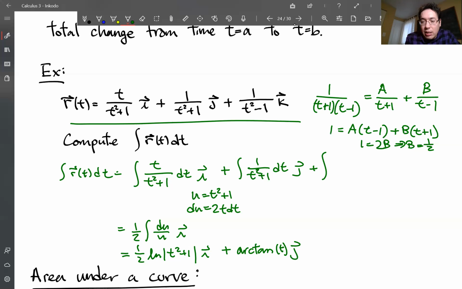And I could get something similar. If we plug in t equals minus 1, then this term drops out because we get minus 1 plus 1, which is 0. And then here I have 1 is equal to negative 2a, which means a is equal to negative 1/2. So the antiderivative of this expression is going to be negative 1/2 over t plus 1 plus 1/2 over t minus 1.